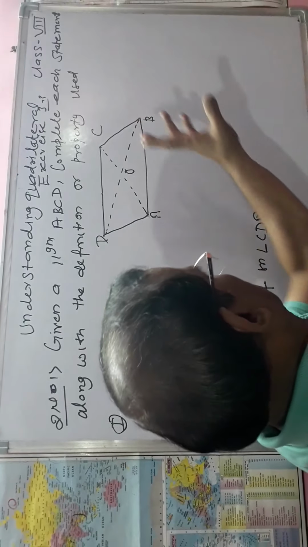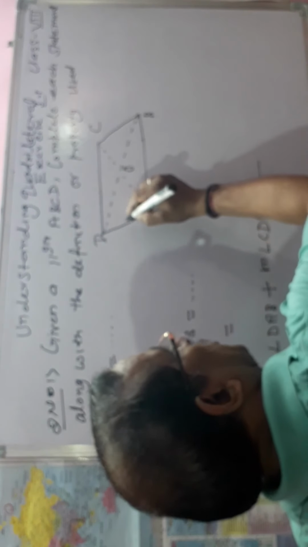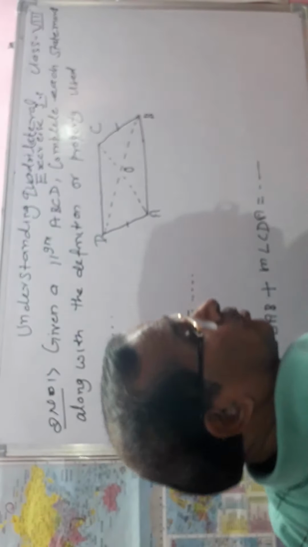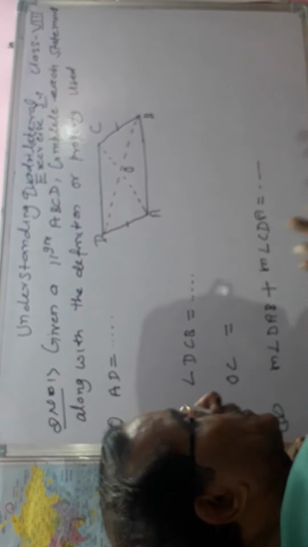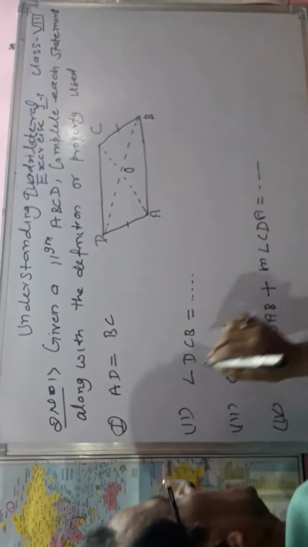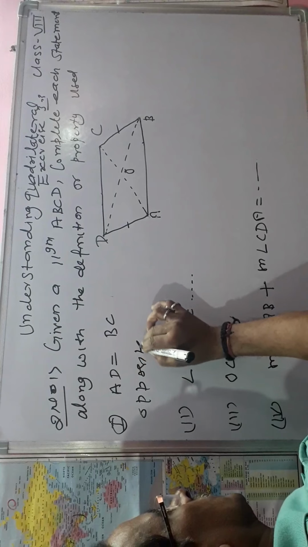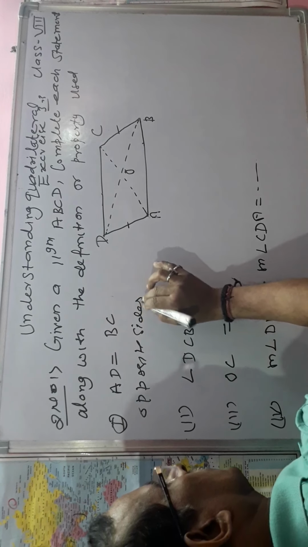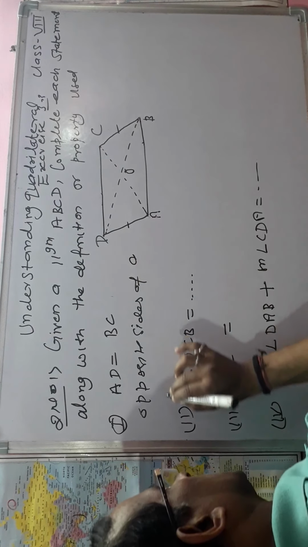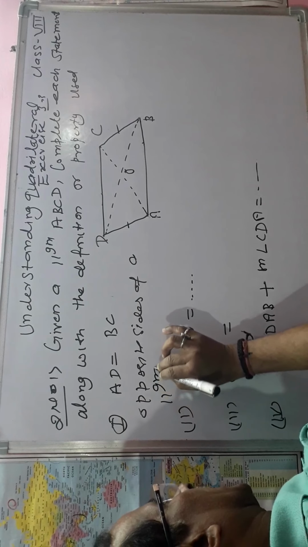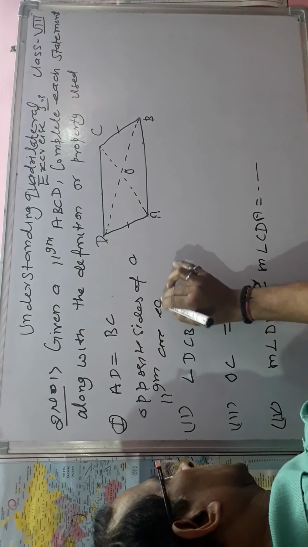We know that AD is equal to BC because these are opposite sides of a parallelogram. Using the property, we will write AD is equal to BC. Opposite sides of a parallelogram are equal.